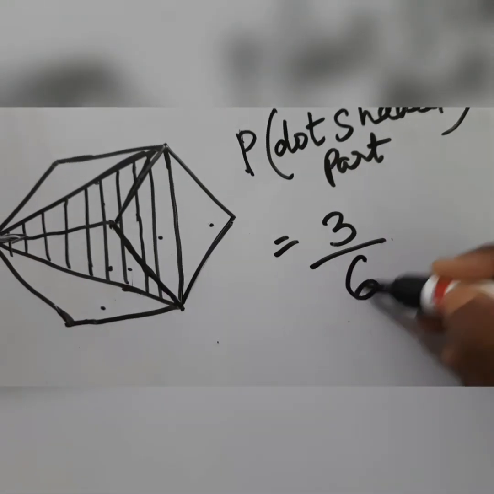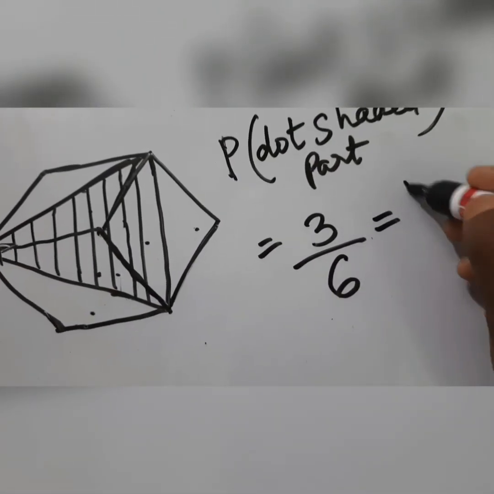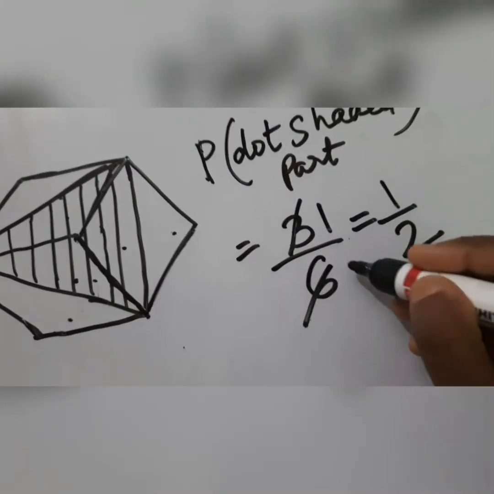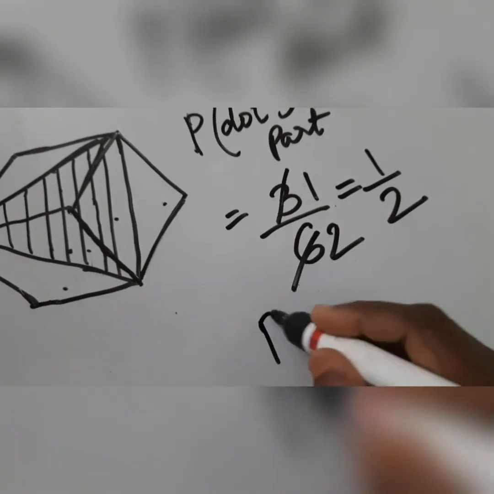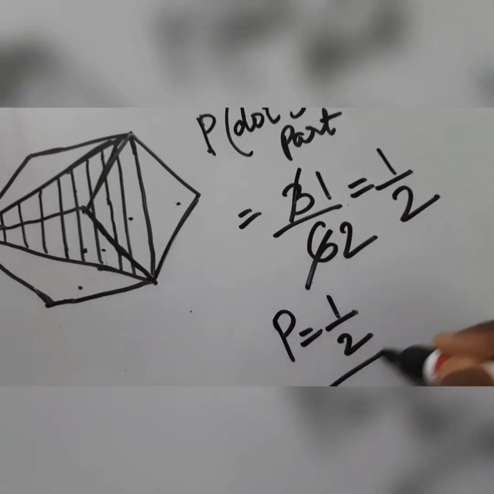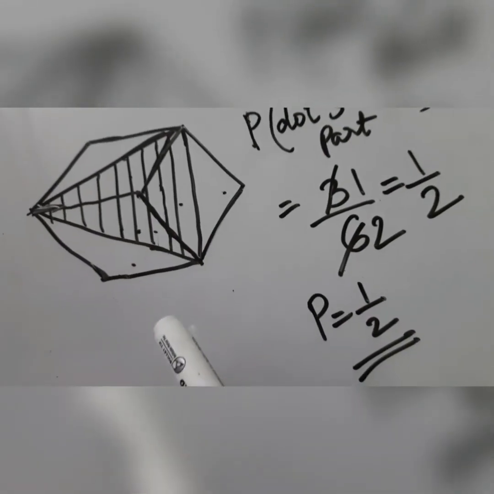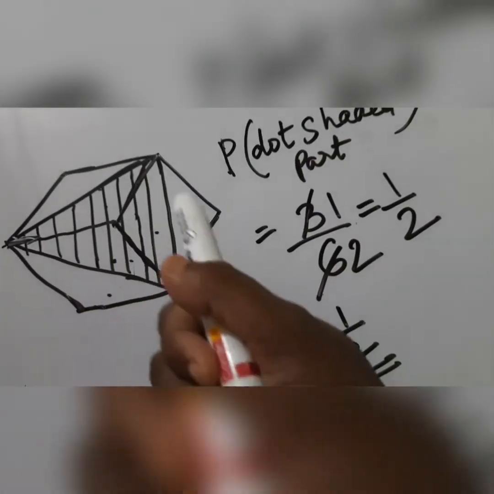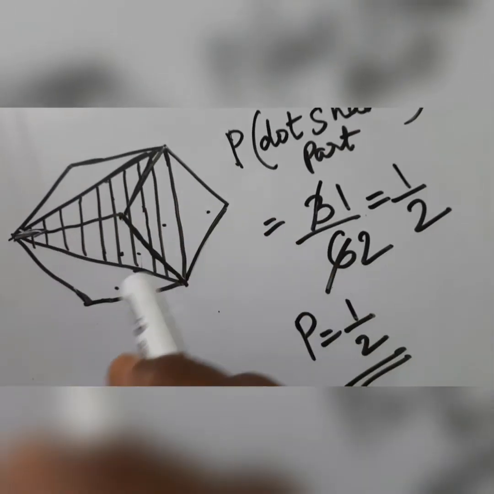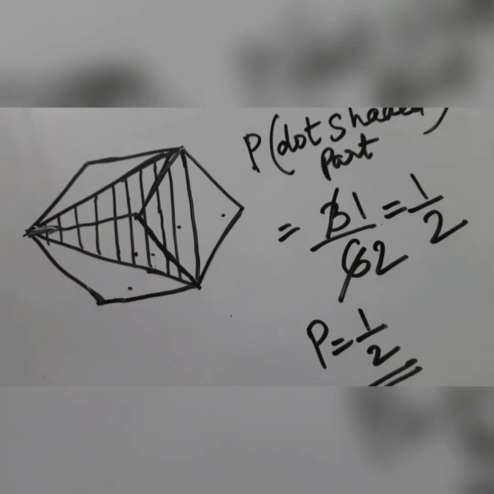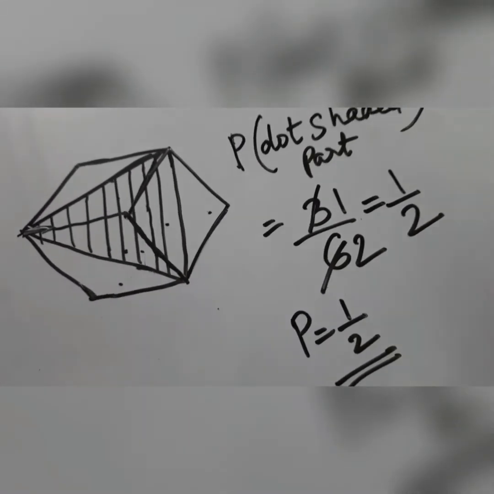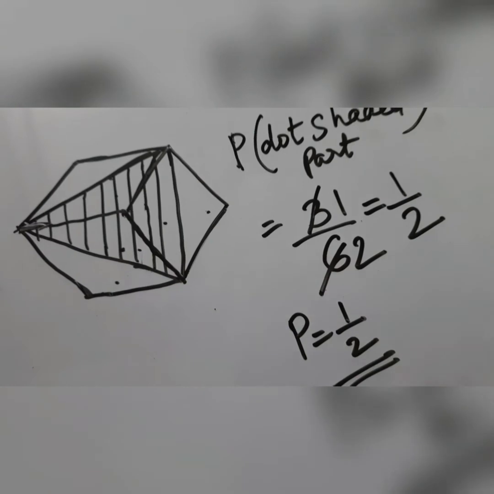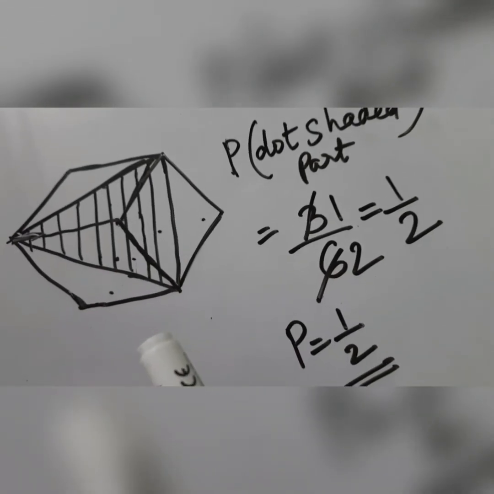Total equal parts is 6. That is 3 upon 6, we can write 1 upon 2. So the probability is 1 by 2. We could find this probability using the area of the equilateral triangle and the area of the regular hexagon, but that is lengthy. This is simple, so use this one. If there is a chance of making equal division, do it that way.